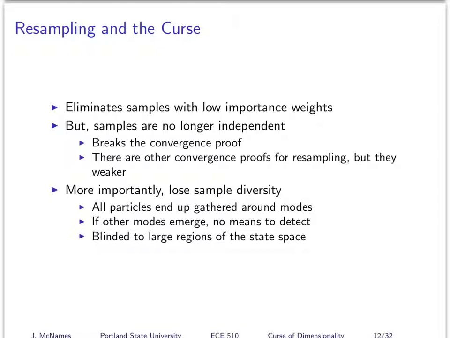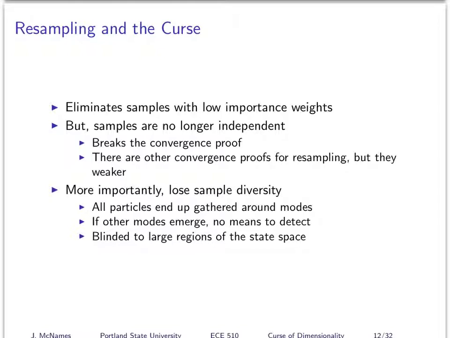We did resampling to handle the issue of sample degeneracy, where a lot of the weights went to zero because we had improbable trajectories. And that eliminated the trajectories or the samples of the particles that had low importance weights.